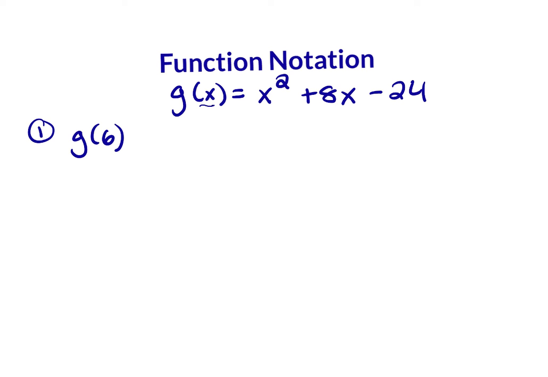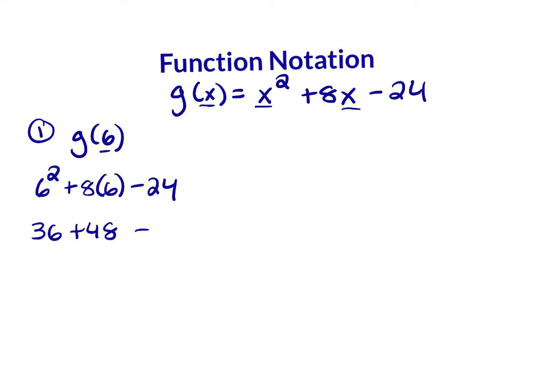I've replaced x with 6, which simply means plug 6 in for x. So 6 squared plus 8 times 6 minus 24. So 36 plus 48 minus 24 is 60.